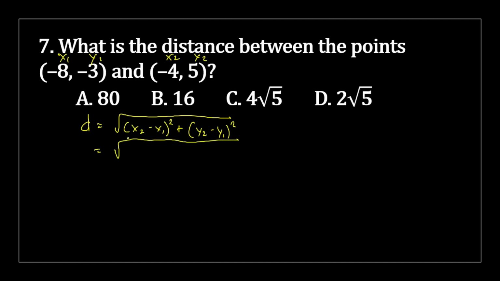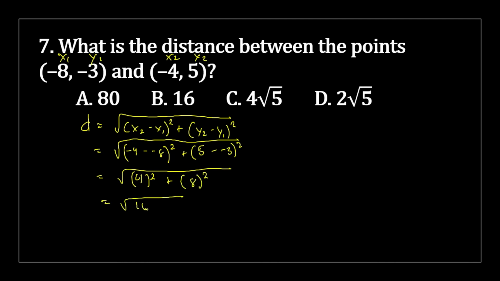We have x sub 2, that is negative 4 minus negative 8 squared, plus y sub 2, that is 5 minus 3 squared. Negative 4 minus negative 8 is 4 squared, plus 5 minus negative 3, that would be 8 squared. 4 squared is 16 plus 64, that is the square root of 80.